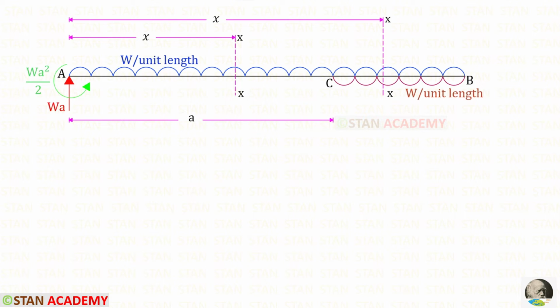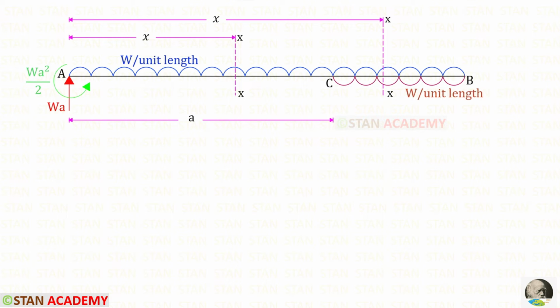Alternatively, using Macaulay's method, we can find the slope and deflection at any point of the beam. To make the process a little simple, we can extend the UDL up to the point B. Also, from the point C to the point B, we have to apply uniformly distributed load in the upward direction.